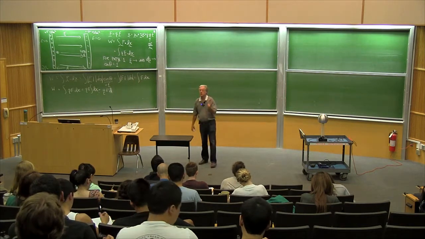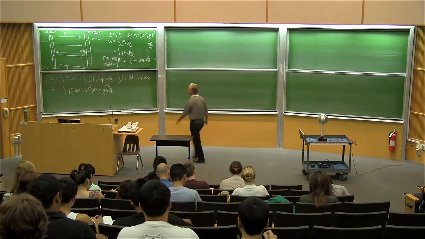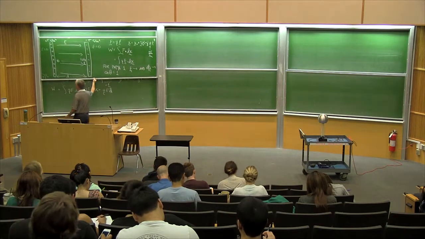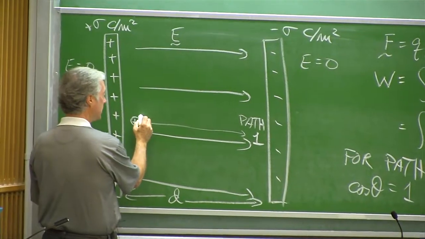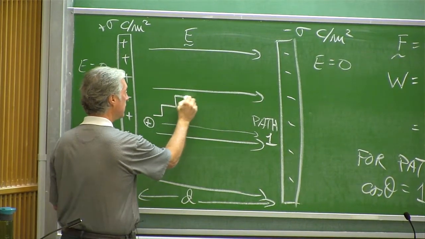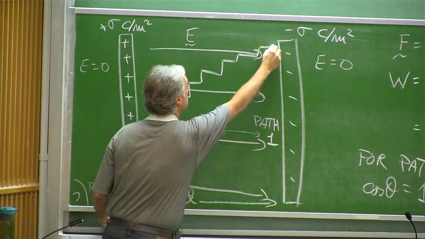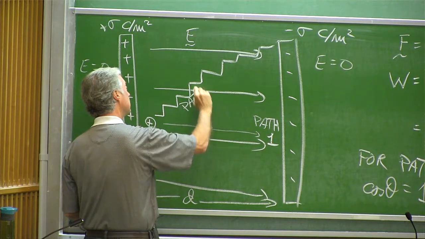I want to consider a different path now. Let's go back up to our drawing and add a different path. I'm going to start at the same place, go a little bit here, a little bit. This is path 2.